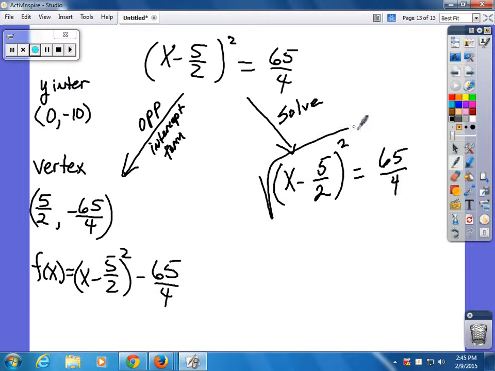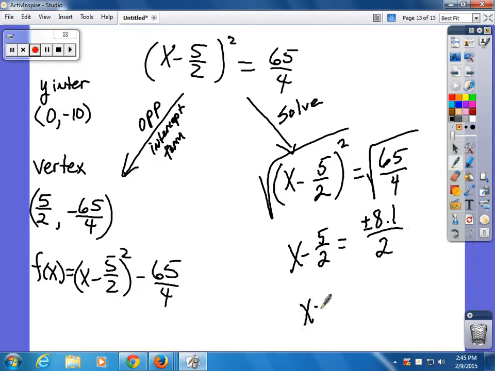Square root both sides. X minus 5 halves is equal to, what's the square root of 65? 8.1 here. That's right, class. Over 2. X is equal to positive or negative 8.1 plus 5 over 2. What's 8 plus 5? 13.